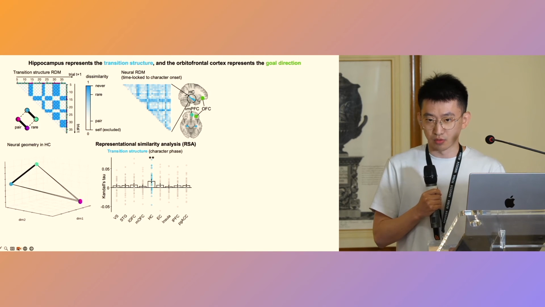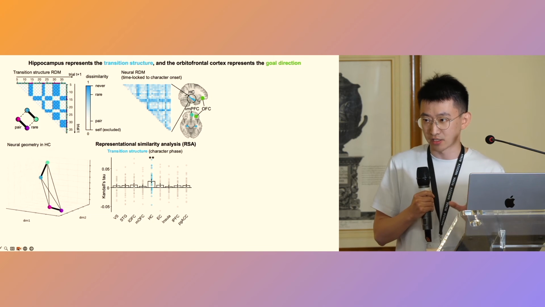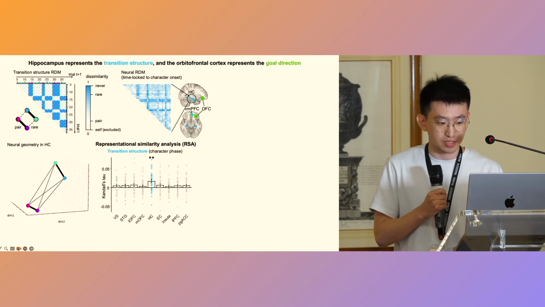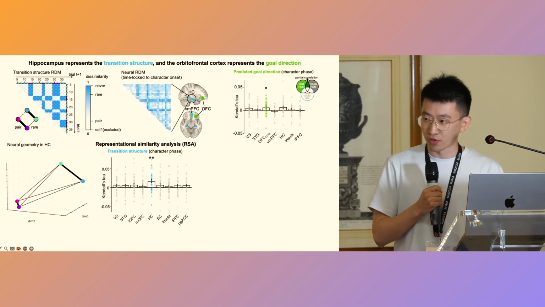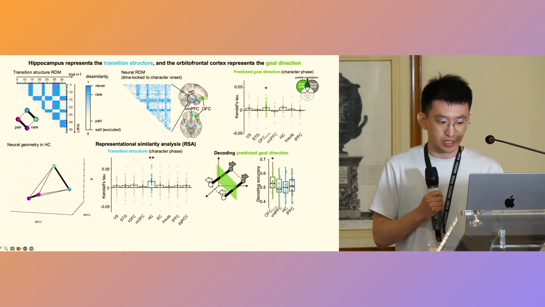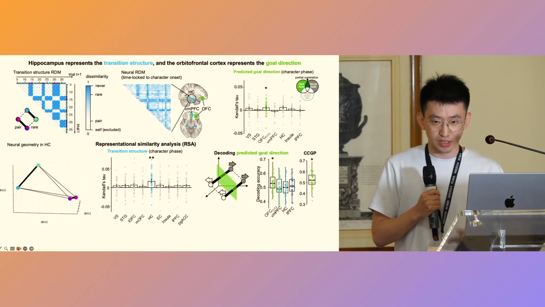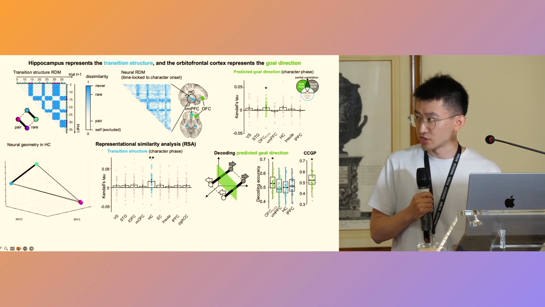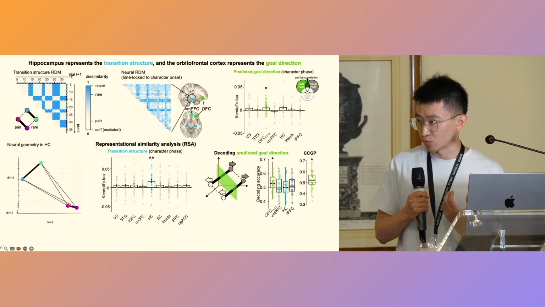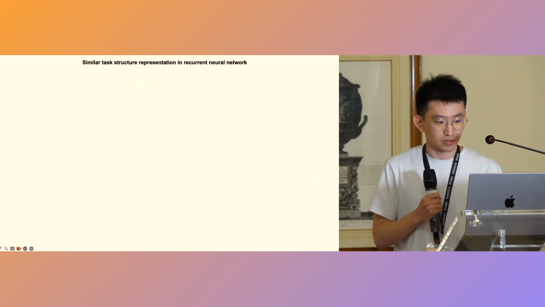And we did representational similarity analysis, finding this pattern is uniquely in hippocampus. And instead, orbitofrontal cortex cares more about the goal directions, both in our RSA analysis and decoding analysis. And we did a cross-condition generalization, finding it's represented in an abstract way, disentangled from the transition structure representation.